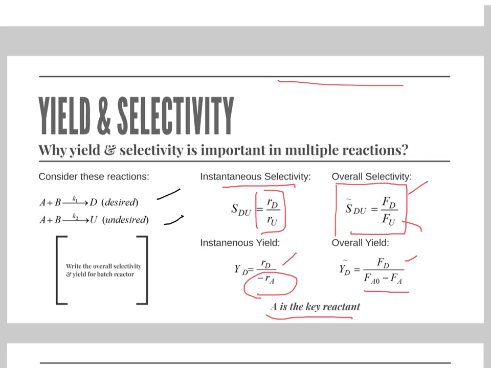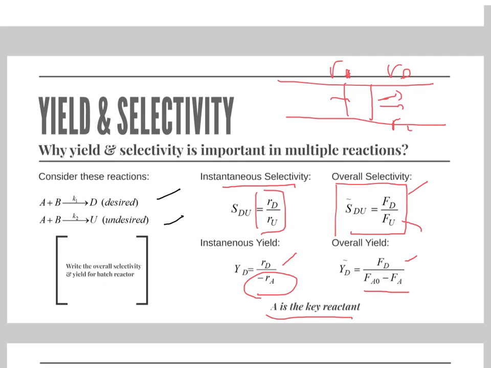If you can imagine, let's say we have a plug flow reactor, and this is the section that we are measuring. If the reactant goes in here and goes out here, and we are measuring the RA here and RD here, this is how we measure the instantaneous yield as well as instantaneous selectivity.